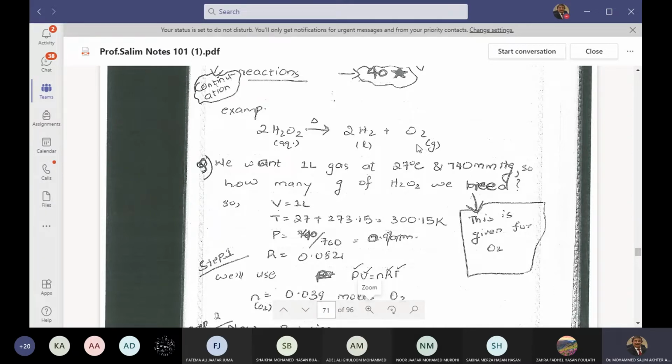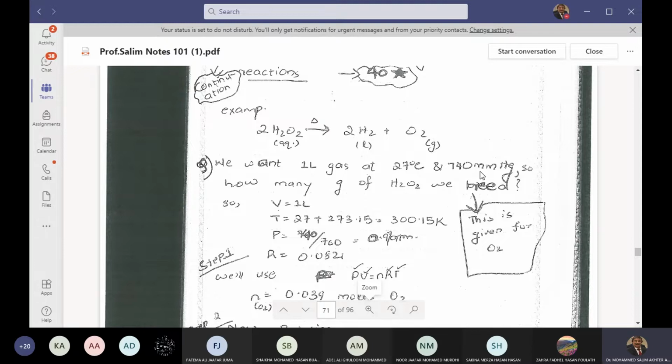So this is an equation. Now read the question. This question is very simple, and I want you to understand the question before you solve it. We want 1 liter of oxygen gas at 27 degrees C, 740 millimeter mercury.